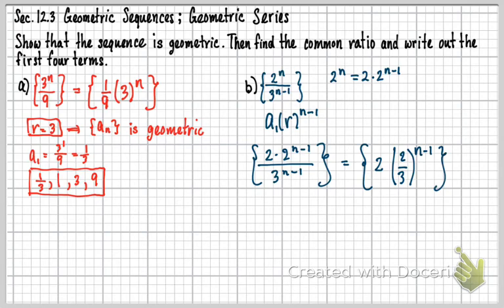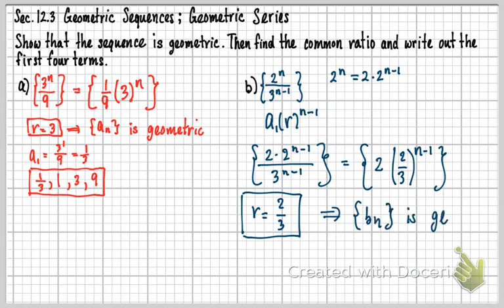And this tells me right away what my r is going to be. So my r is going to equal 2/3. And that's one piece I need. And this implies that it's, and I'll call this one b of n, geometric because I found an r, a ratio.